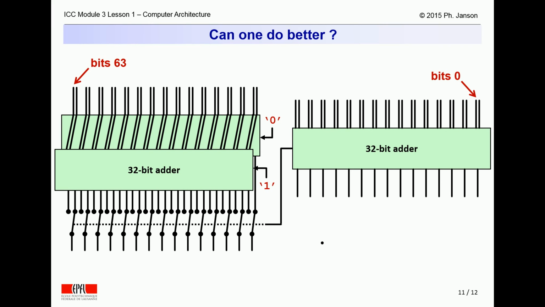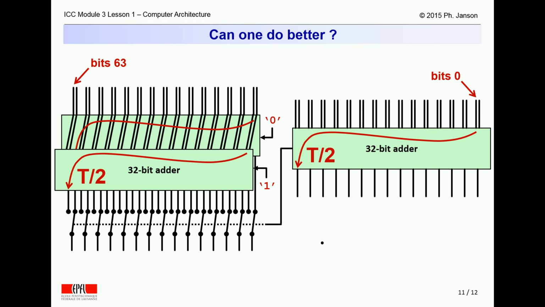Now imagine for a second that we invest more transistors in the design, building 2 separate adders for the 2 high-order 32-bit numbers, one that assumes a carry bit of 0 and one that assumes a carry bit of 1. Now we can start adding the low order and higher order 32-bit numbers in parallel, thus taking only half the time.